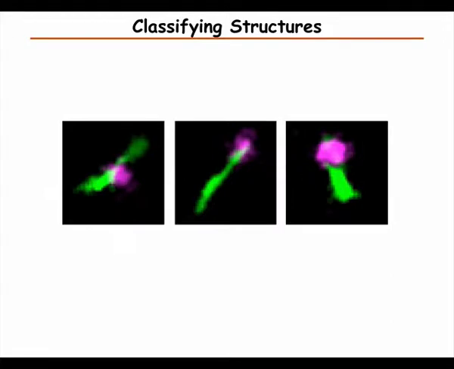For example, one pair of structures that Dylan found in his work was what he called caterpillars and butterflies. The caterpillars are the ones where you have the green filament, and the magenta particle sits at one end. And the butterflies are when there are 2 fibers, and there is a magenta particle in the middle.